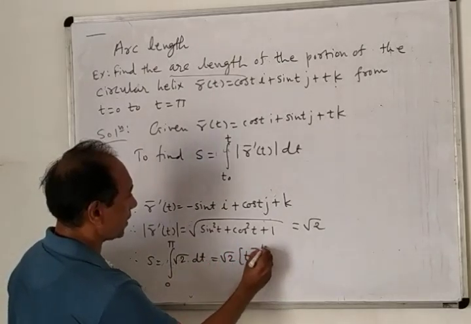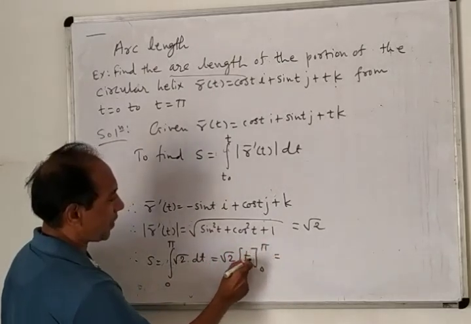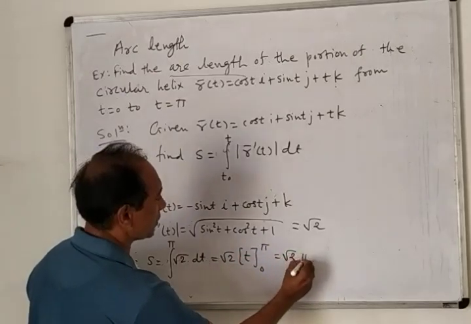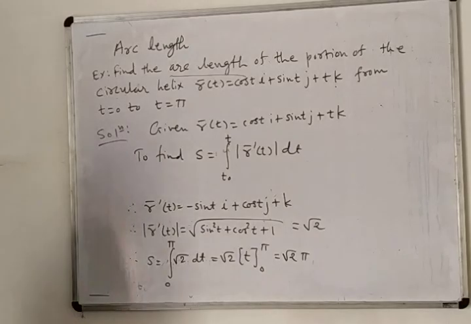So from 0 to pi, if we put the values, pi minus 0, we get pi. So root 2 pi is the answer of this question. It is very simple to obtain arc length, as we can see in this example.